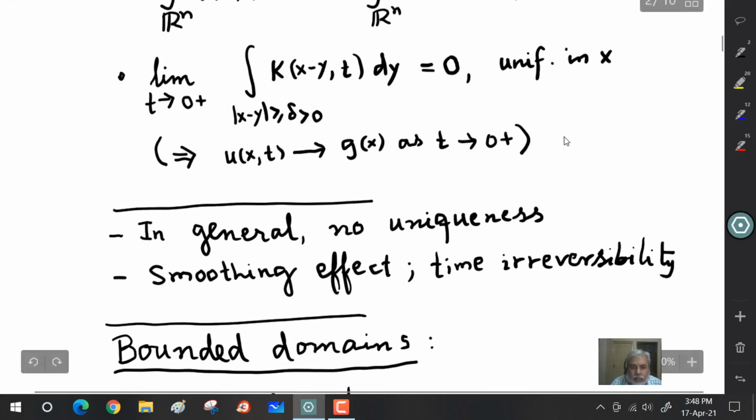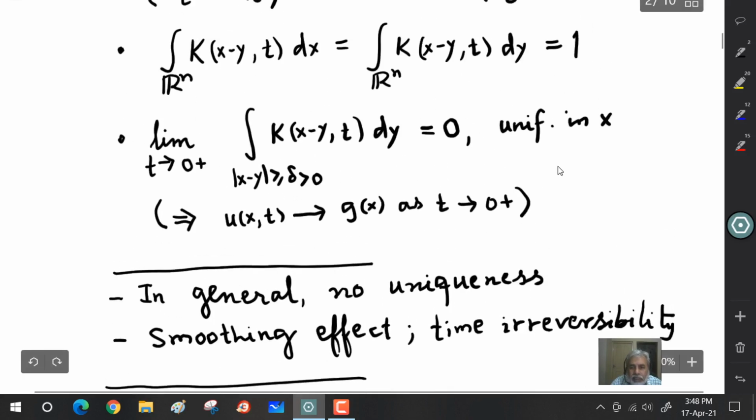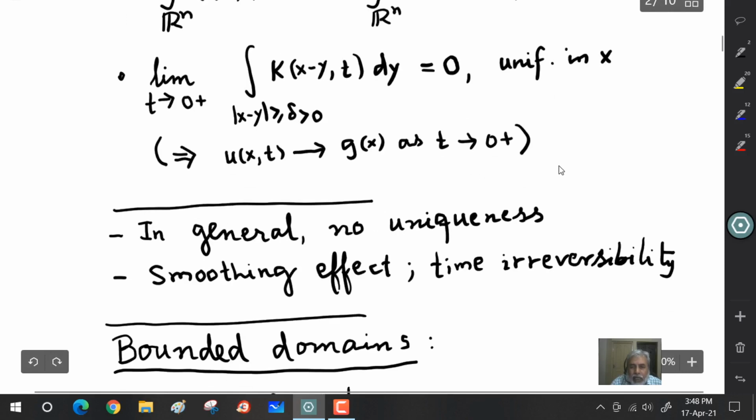And as given by the Tikhonov example, in general there is no uniqueness, and for uniqueness we need to impose certain conditions on the solutions. In the one-dimensional case we have discussed this in detail, and the same thing applies to n dimensions.